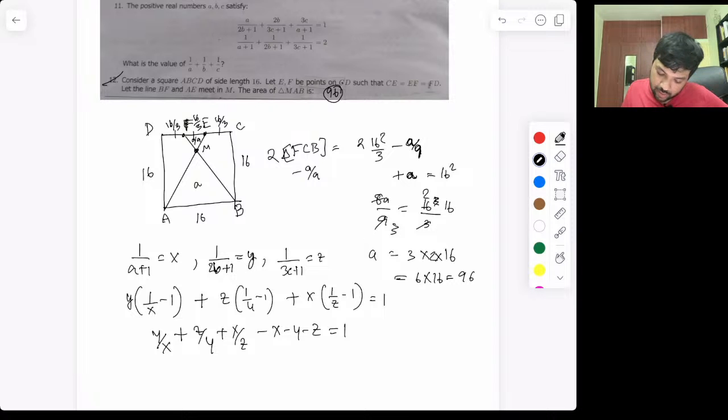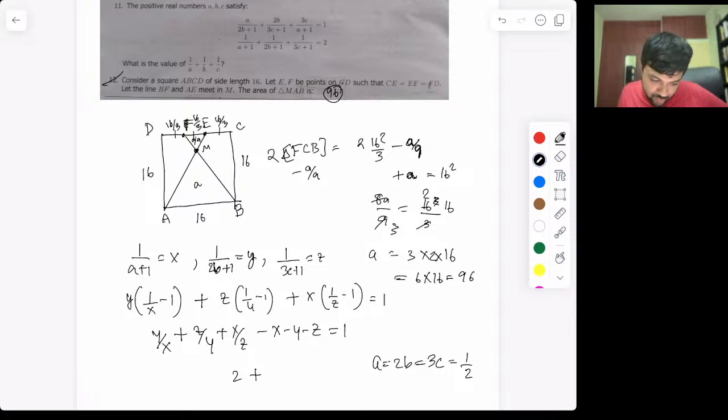Is it a equal to 2b equal to 3c equal to half works? Something like this. Because if a is half and 2b is also half, half by 1 plus half is 1 by 3. So 1 by 3 plus 1 by 3 plus 1 by 3 is 1. And a plus 1 would be 3 by 2, so 1 by that is 2 by 3. 2 by 3 plus 2 by 3 plus 2 by 3 is 2. Correct, it satisfies. Okay. So I mean I can guess the answer. 2b, I mean it just satisfies.